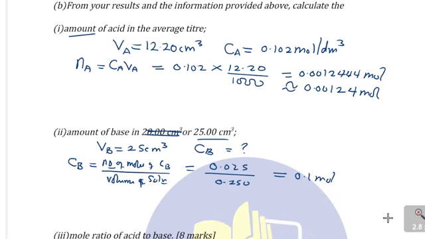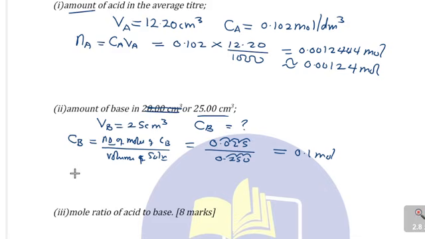Let's check this three times: 1, 2, 3. So yes, 25 over 250 is going to be 0.1 moles. That's correct. Then we move on to calculate our number of moles of acid now.